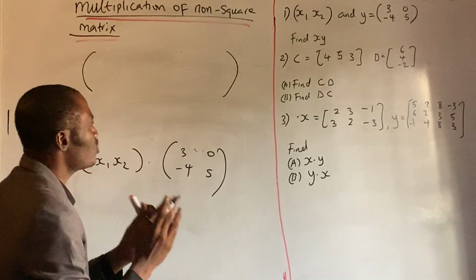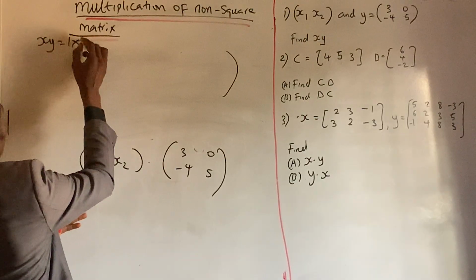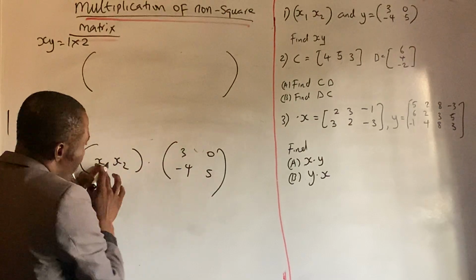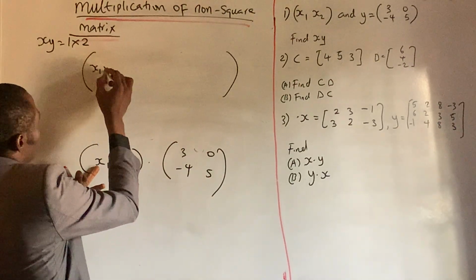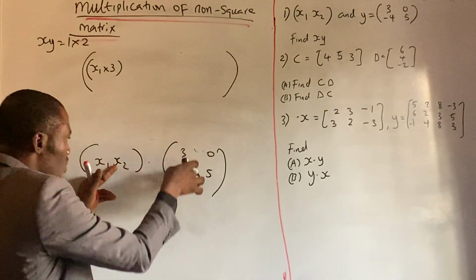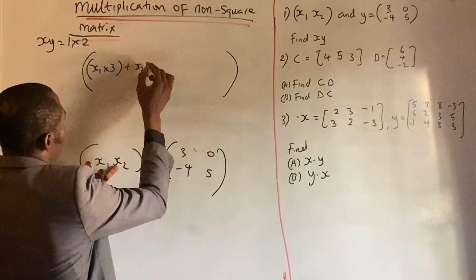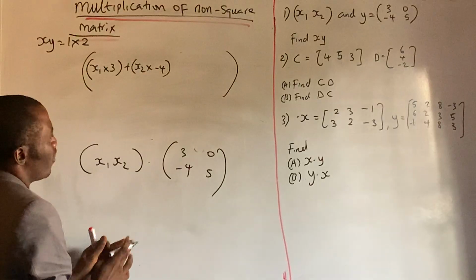Remember that the matrix we'll get, xy, will be 1 by 2. All right, so x1 times 3, plus x2 times minus 4. That is for the first column.